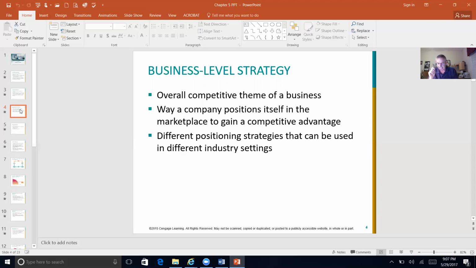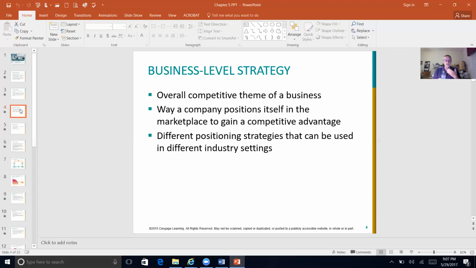So at the end of the day, it really boils down to how I can lower prices or differentiate my product so that I can create more value for that consumer, which hopefully will result in more sales, more revenue potential, and more profit. And for a for-profit company, that's what you should be striving to do.